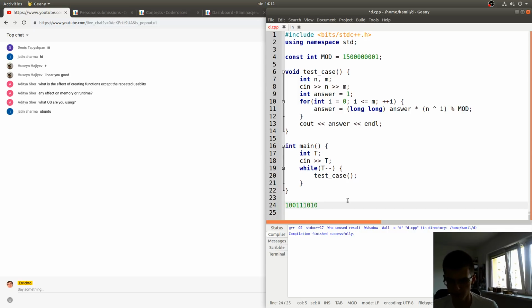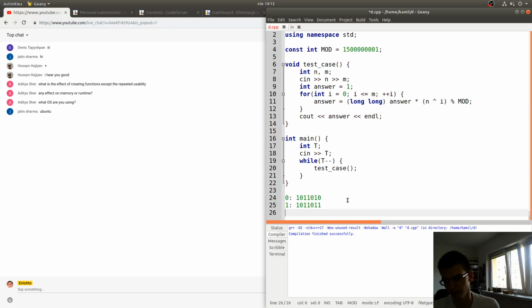Then let's make it even shorter. So this was XOR 0. Then for XOR 1 we have something like this. So what are the next values that we multiply the answer by?